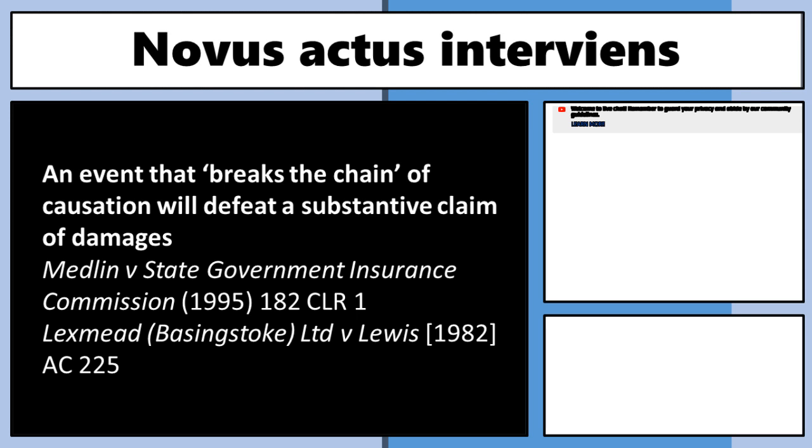So, for example, in Lexmead there was a tow rope, and yes, it did break. The intervening event there, though, was the fact that the plaintiff knew the tow rope was defective and used it anyway, just sort of looped it around an extra half a loop or something similar. And so they said that was going to act as a novus actus and was going to break the chain of causation there. Really, that's what it is.